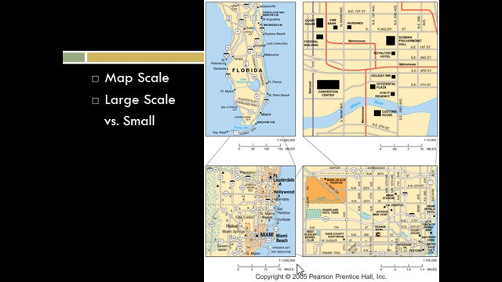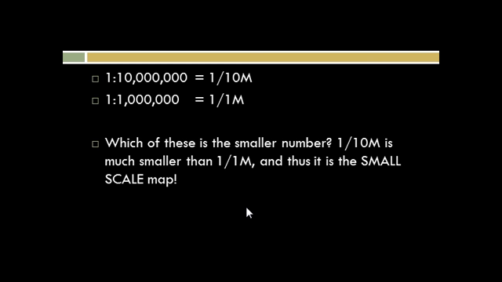So this then gives us a clue as to why this map here is the small scale map and this map here is the large scale map. And let me show you how and why. If you think of those numbers, 1:10 million and 1:1 million, basically convert them into a fraction. 1/10 million, and do the same thing here, 1/1 million. Thinking about it that way, you could ask yourself this question.